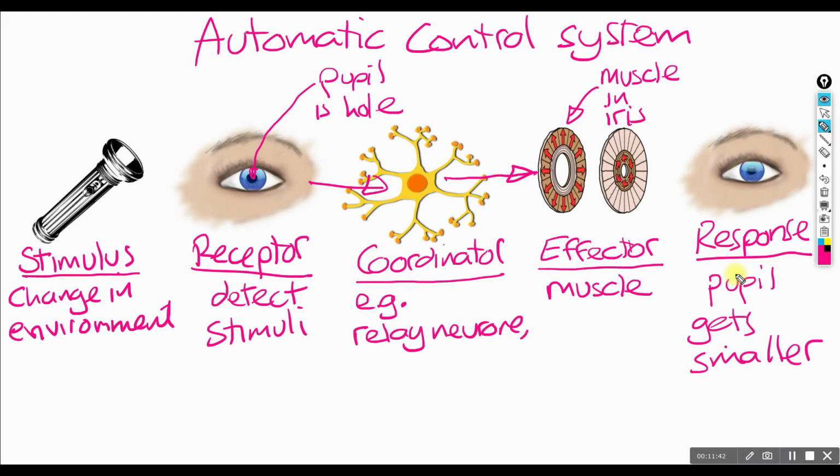The stimulus detected by the receptor sends a message to the coordinator that decides what to do. The coordinator sends a message to the effector, usually a muscle, and the muscle causes the response. The pupil gets smaller and I get a normal level of light back in my eye to avoid damage.